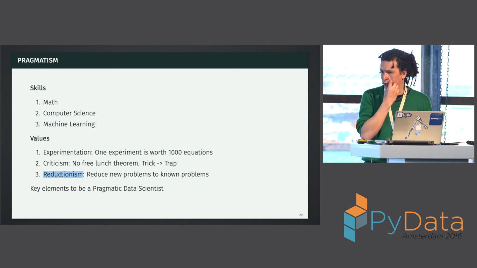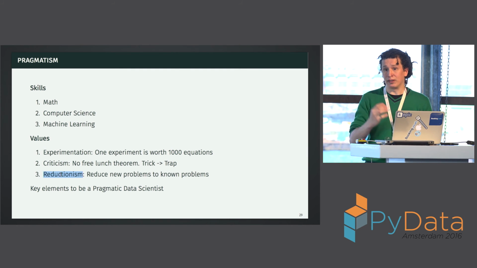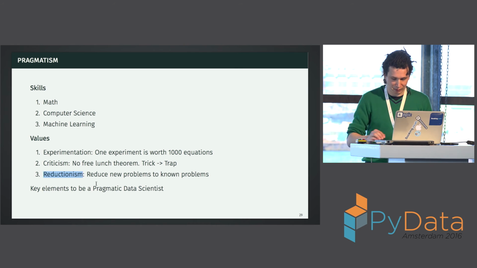And I think John Langford, who is the main contributor of Vowpal Wabbit, is one of the main researchers in this area. And Vowpal Wabbit itself uses a lot of reductionism to solve problems. I think this is a very interesting approach to engineering and data science. And I think these 6 things are key elements to be a pragmatic data scientist.